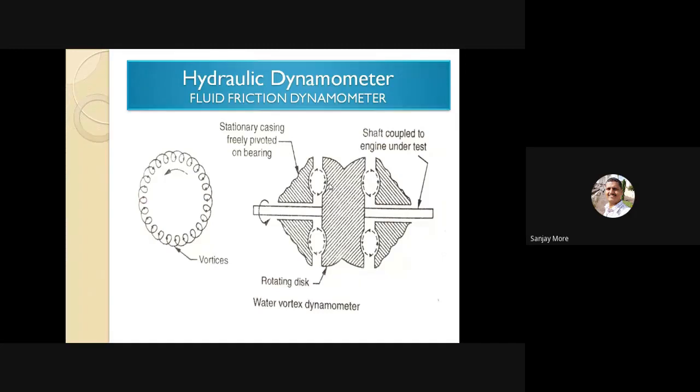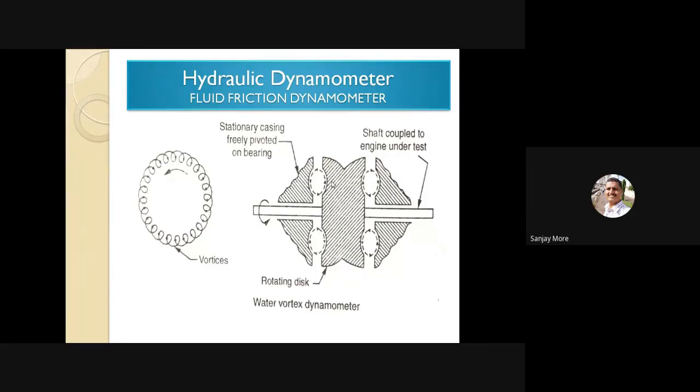This rotating disc rotates inside the stationary casing, with freely moving, frictionless bearings. The other side of the rotating disc is connected to a shaft, and this shaft is connected to the engine to measure the torque.